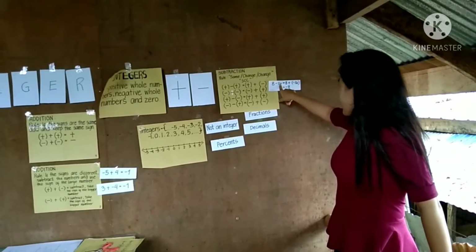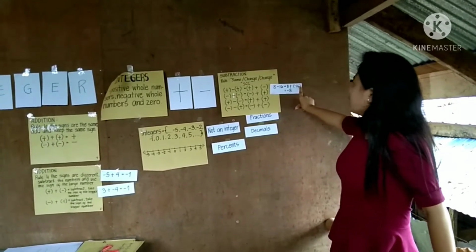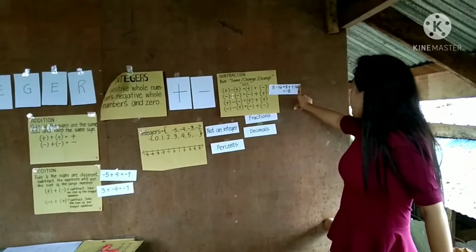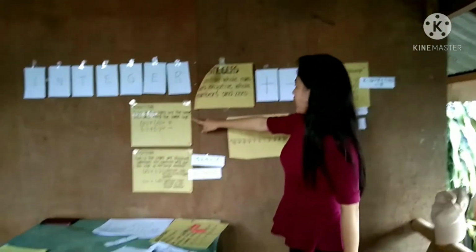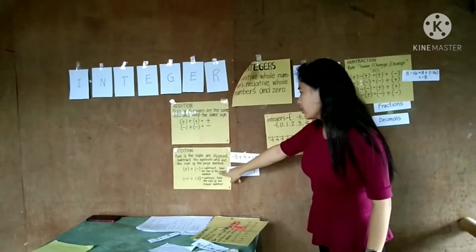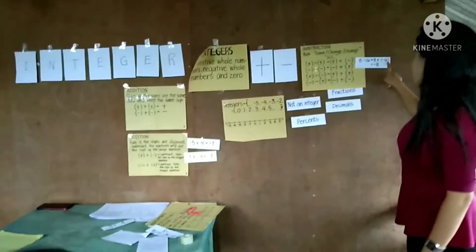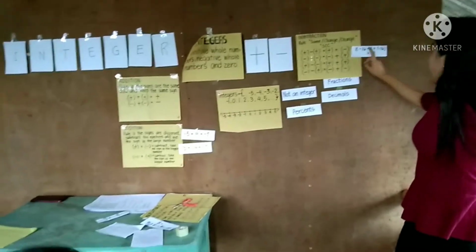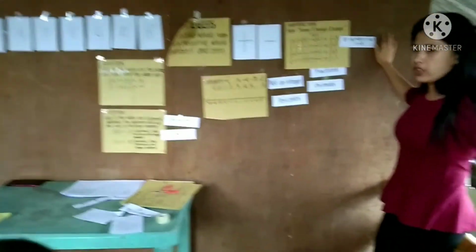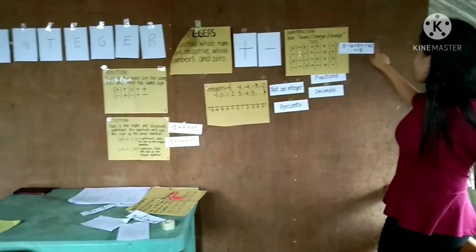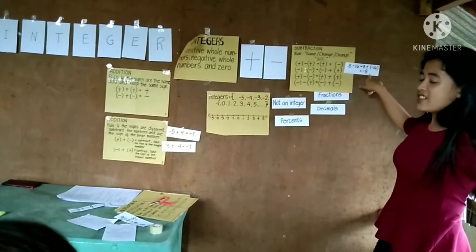I-change niyo si 16 into negative 16. Unya, mo proceed ka sa addition. The rule dire kay if they have different sign, you subtract and take the sign of the bigger number. So, 16 minus 8, 8. Unsay number nga bigger? 16. Negative 16. So you will copy negative sign. The answer is negative 8.